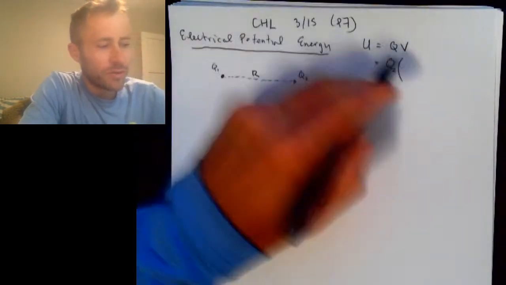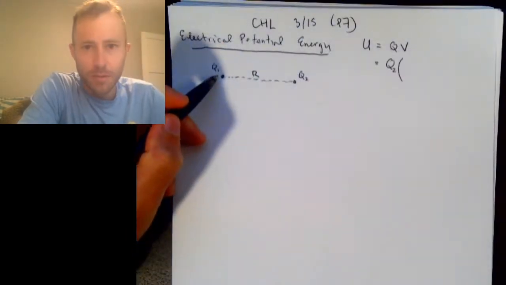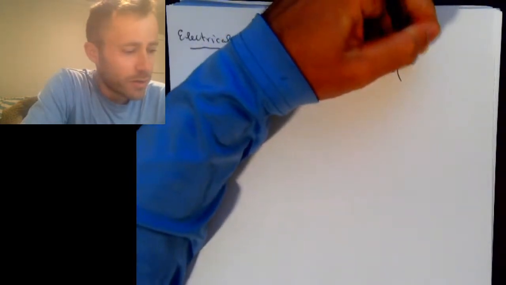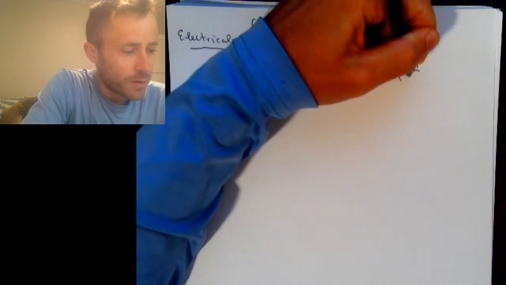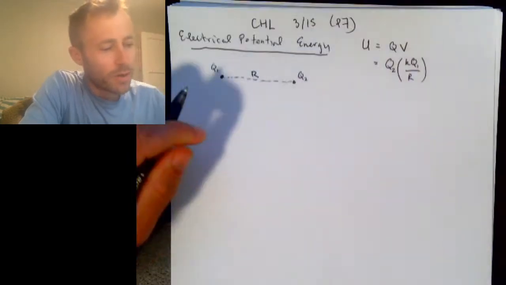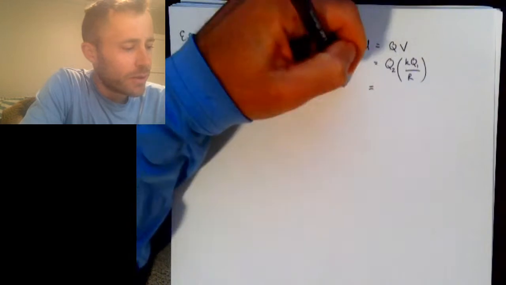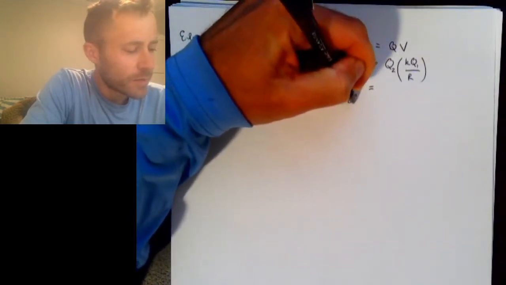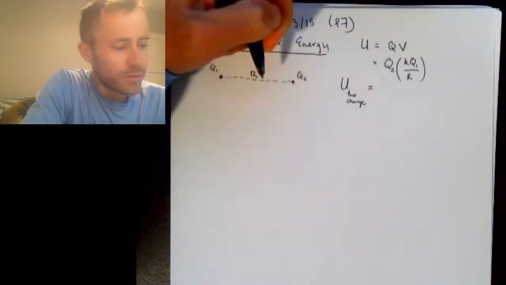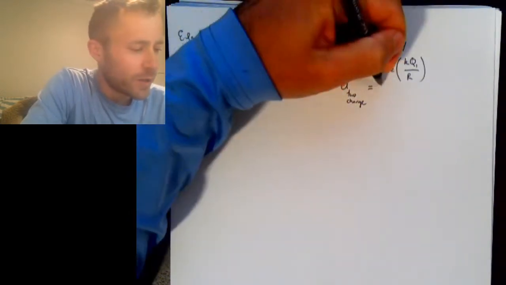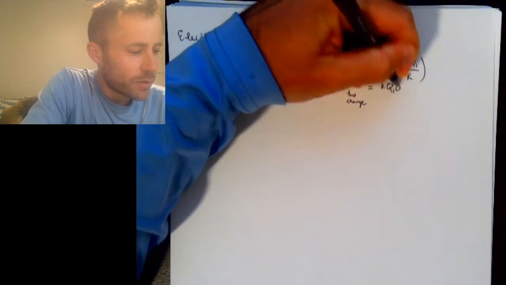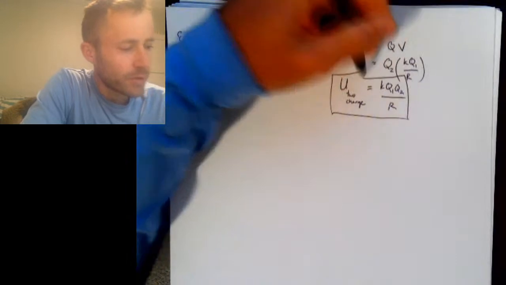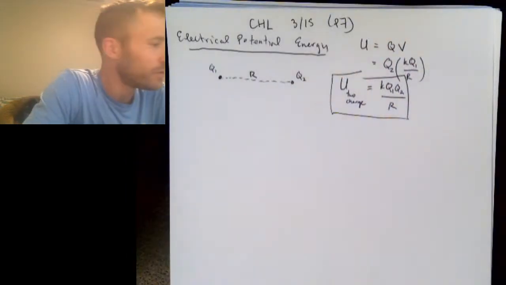And the potential is the potential created by Q1, which if you have a single charge, is K Q1 over R. So what that means is that if you have just two charges, the electrical potential energy of them is K Q1 Q2 over R. So the electrical potential energy in joules is given by that formula.